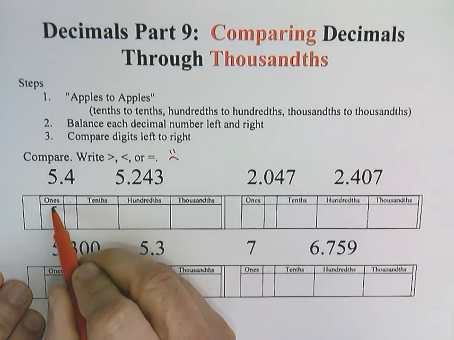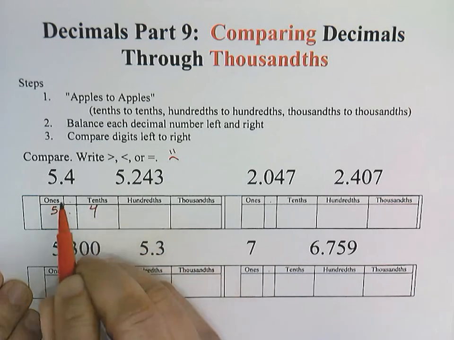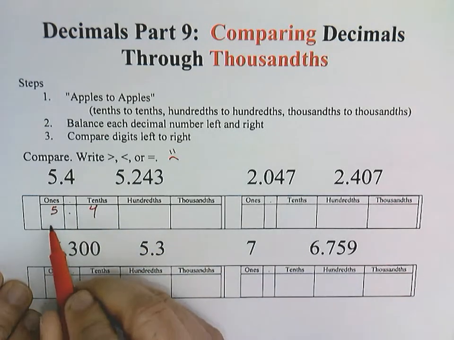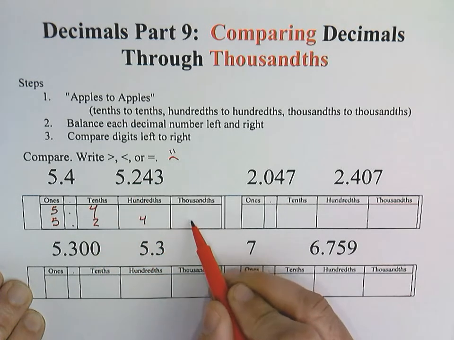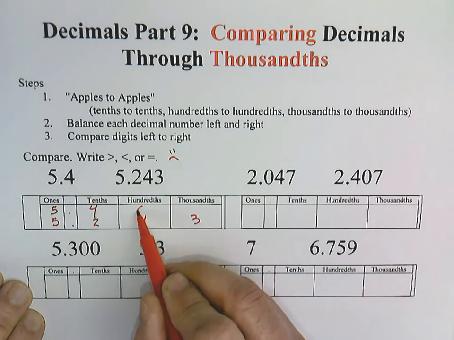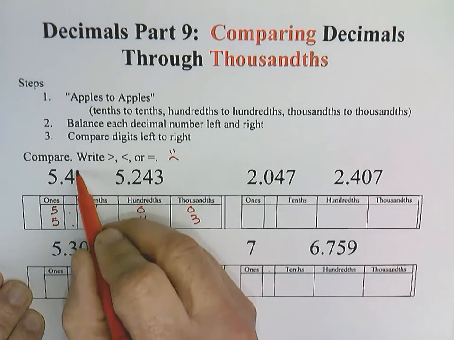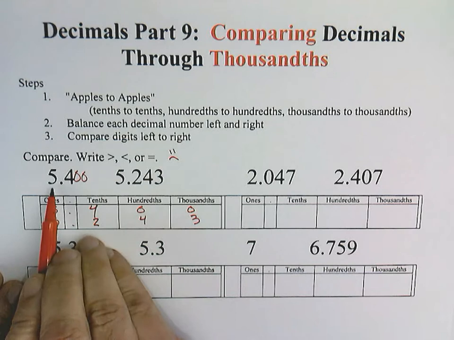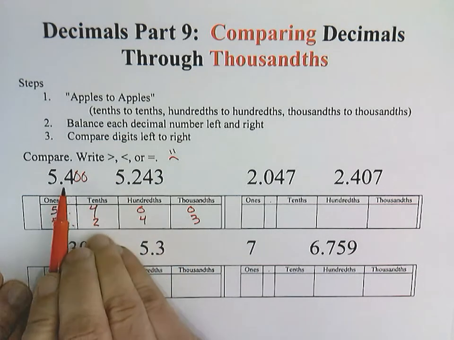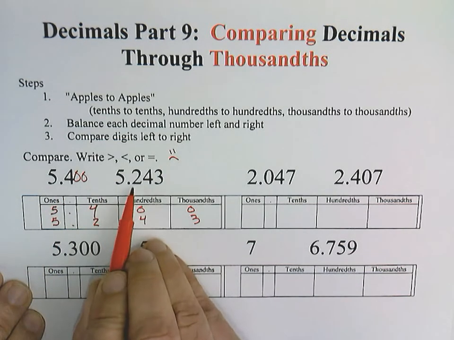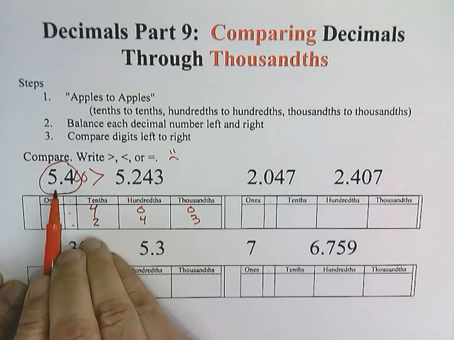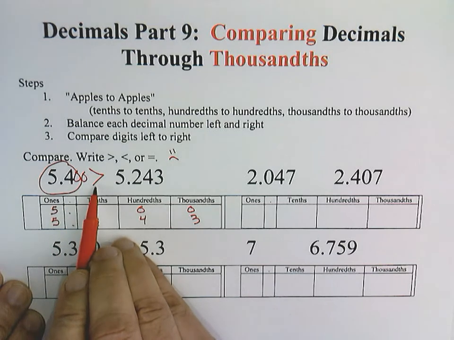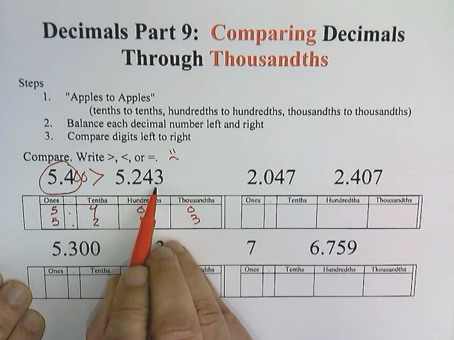I can show that here. 5 and 4 tenths, and we're comparing it on the place value chart to 5 and 243 thousandths. So our job would be to add our two zeros to balance it. And now when we compare, 5 and 5 is the same, but the 4 tenths is not the same as the 2. This is greater. So we would read this as 5 and 4 tenths is greater than 5 and 243 thousandths.